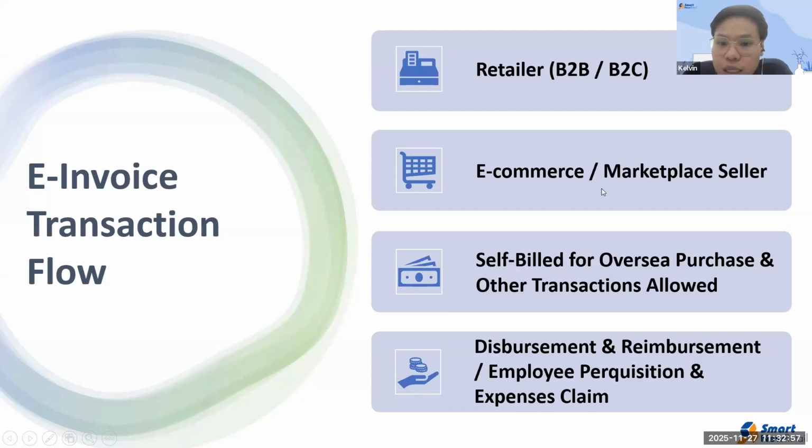This e-commerce transaction, later I will explain a bit. Not all the e-commerce transactions you need to submit. Also self-bill, which is the transaction for the supplier that I mentioned just now, and disbursement and reimbursement, and also employee claim. These are the documents that you need to submit to HCM.